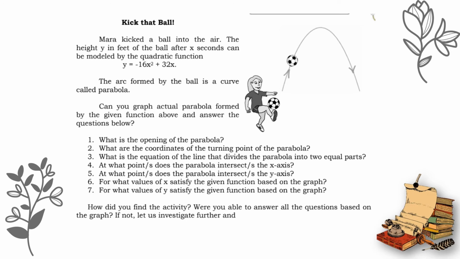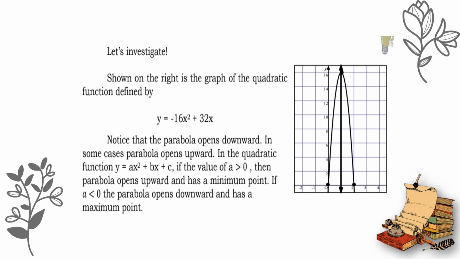So let's investigate our first given equation. So it's shown here the graph of a quadratic function defined by y is equal to negative 16x squared plus 32x. You notice that the parabola opens downward. Ito po. In some cases, parabola opens upward.